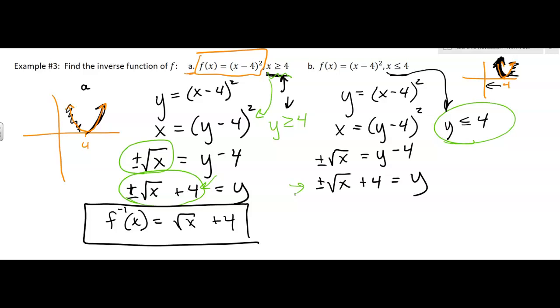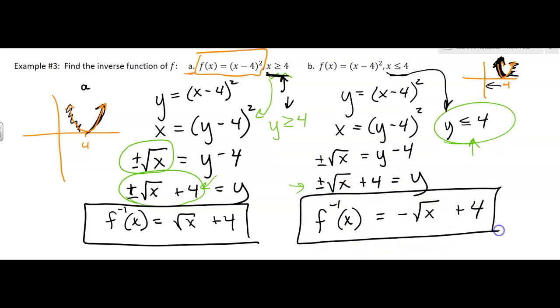So do I want to get a positive plus 4 or do I want a negative plus 4? I need my output to be less than 4, so I need the negative case. So I'm going to write this as f inverse of x equals the opposite of the square root of x plus 4. And then that would be the inverse for that function.